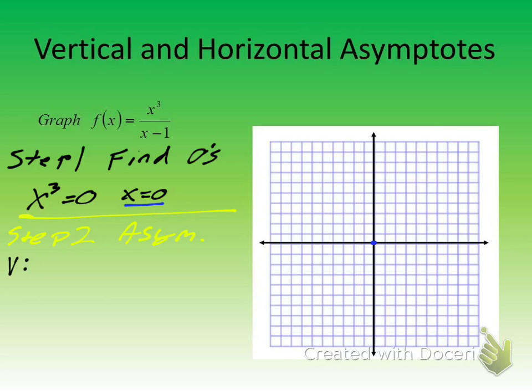Yeah. Okay. Your vertical asymptotes always come from your denominator, where it equals 0. So x minus 1 equals 0. Then you solve that, so add 1 to both sides. So you have a vertical asymptote at the line x equals 1. Which is what type of line? I already told you that. It's a vertical line, right?